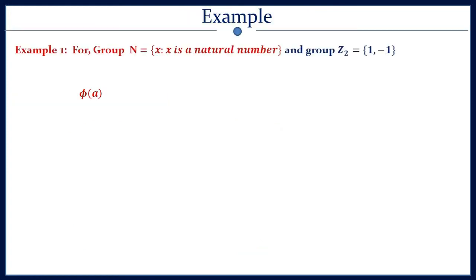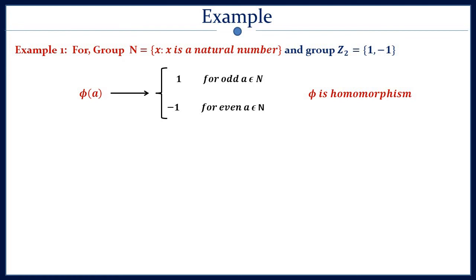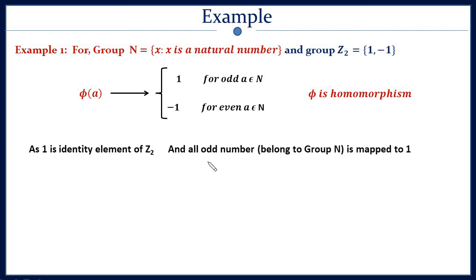We will take the same example. We have seen this example, that phi is a homomorphism between this group N and group Z2. Now see, 1 is the identity element of group Z2 that we know, and according to this relation, all the odd numbers belonging to group N are mapped to 1. Therefore, the kernel of homomorphism is given by X, where X belongs to N and X is an odd number.